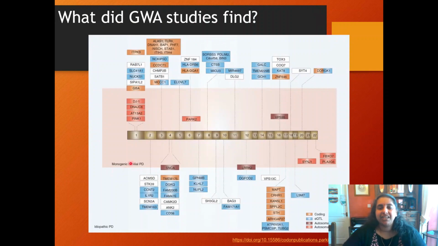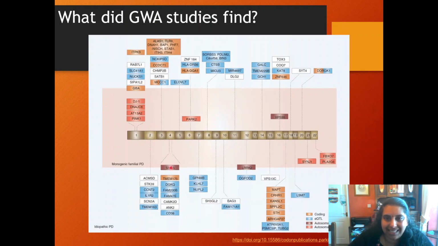So I haven't yet talked about the genome-wide association studies for PD in any detail. So this is an indication of all the different human chromosomes. So we've got 22, and these are the locations of the brownish ones, the autosomal dominant PD genes.